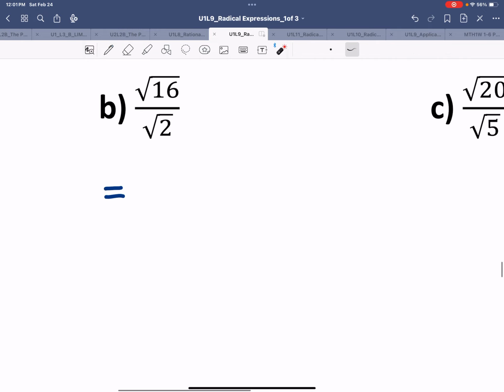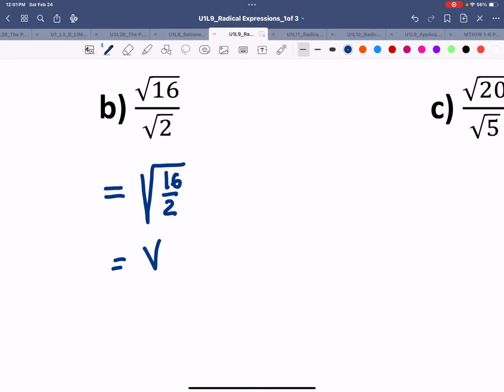Again, the index has to be the same for us to be able to divide two radicals. So we have the square root of 16 divided by 2. This time we have the square root of 8. Now, to simplify a radical means to make the radicand the smallest possible. So since we have an index 2, we have to break number 8 down into two factors.